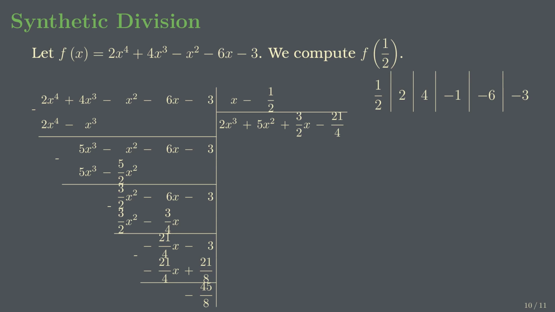So instead of writing all the terms of the polynomial, we can write first the number we want to evaluate, followed by all the coefficients of the polynomial f. And look, the first coefficient of the quotient is actually 2. It is the leading coefficient of f of x, right?